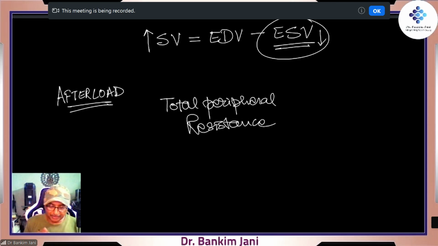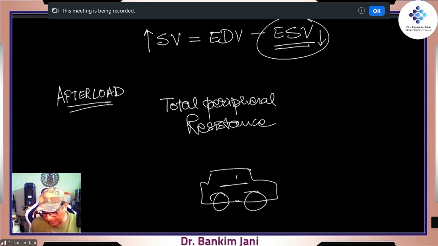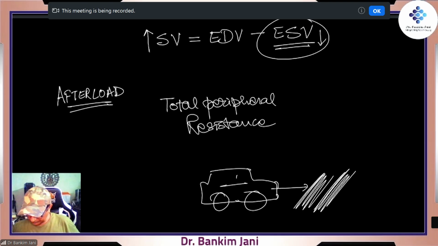Right? Think of it like you're driving a car. That's your car. And you are going. If there is any obstruction, and the obstruction is not like a fallen tree or a rock. No. There is grass, big heaps of grass.